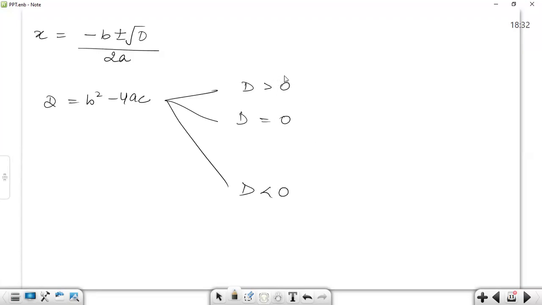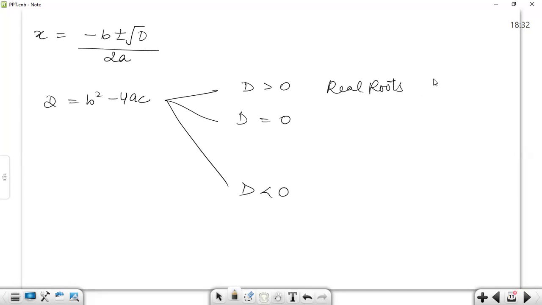If the number is positive, it's greater than 0, so the roots will be real. After finding the discriminant, we are going to take its square root. We know the square root exists in real numbers only for non-negative numbers. So if the discriminant is positive, we'll have real roots.